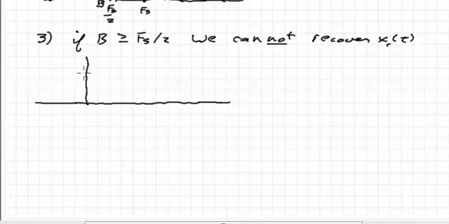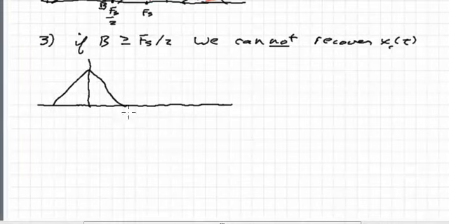Okay, let me draw what happens. We still have our picture, right? And this is B. But now I'm going to have, let's put fs here.